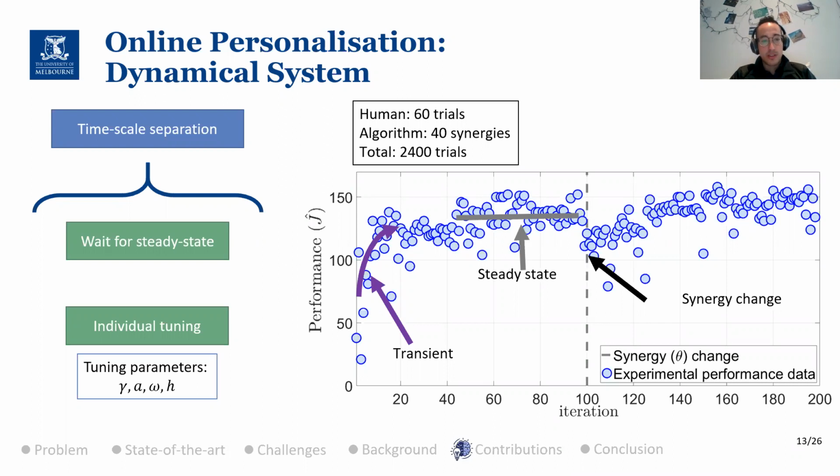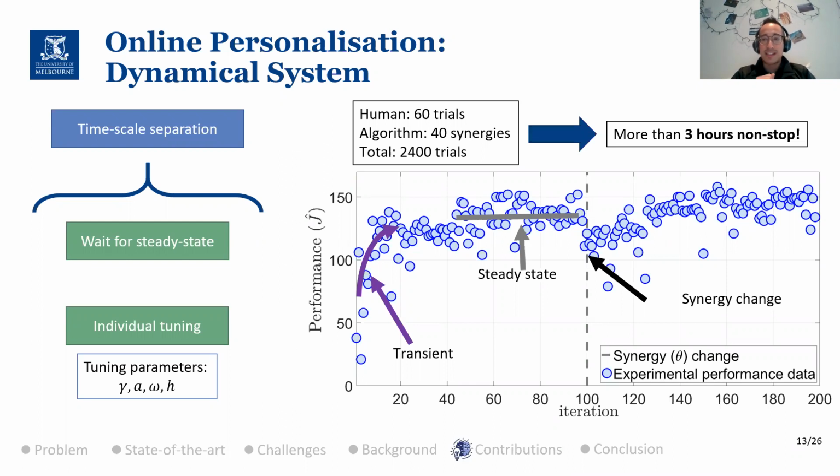If we're waiting for the steady state, let's say that the human takes about 60 repetitions to get to the steady state, and the algorithm needs about 40 different parameters to test before converging. That's about 2,400 trials, which means you would have the person repeating the task, this reaching motion, for 3 hours, which is not very fun to do, to put it mildly.